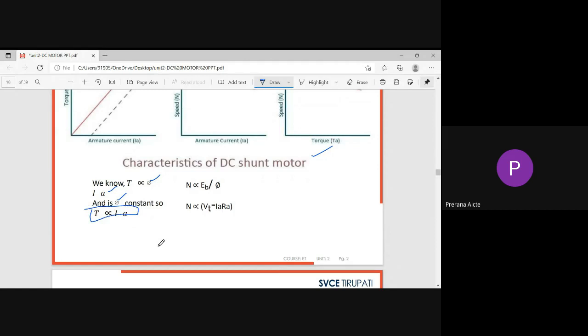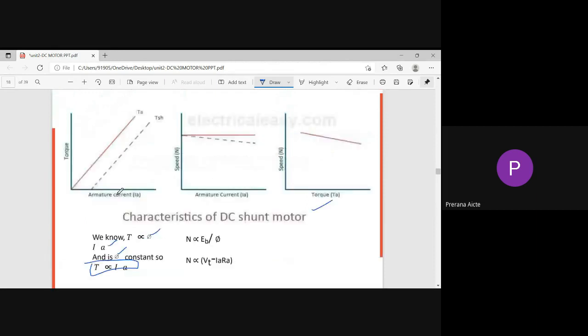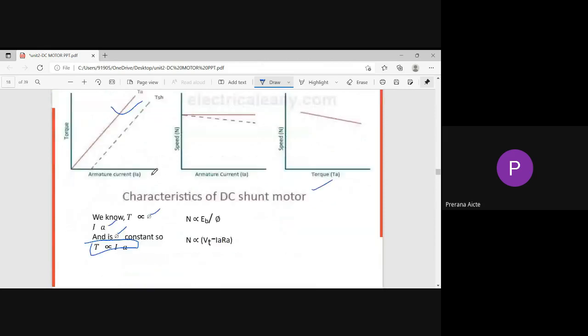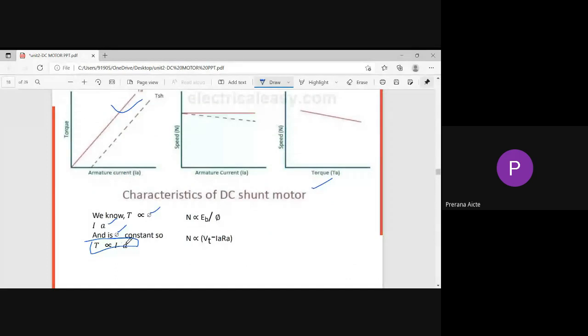When load increases on a DC shunt motor, the current drawn from the supply mains increases. That is, the armature current also increases, and because of this the torque also increases. So there is a linear characteristic: T versus Ia is linear. When load increases, armature current increases, and the torque developed also increases.